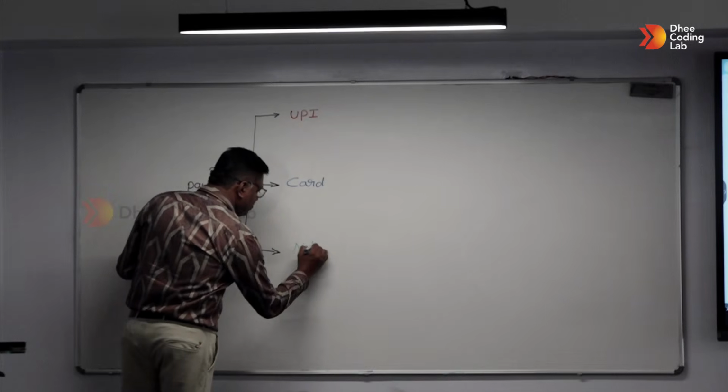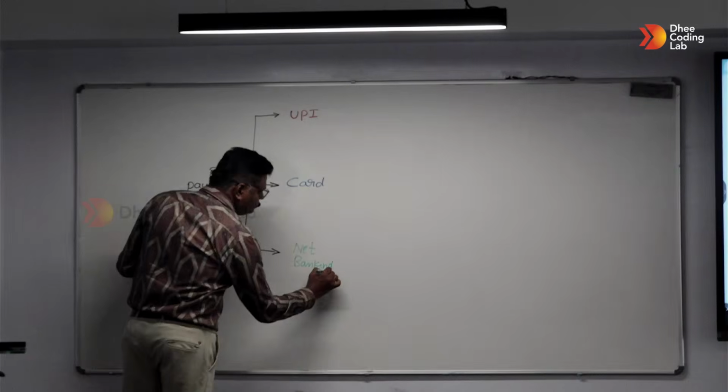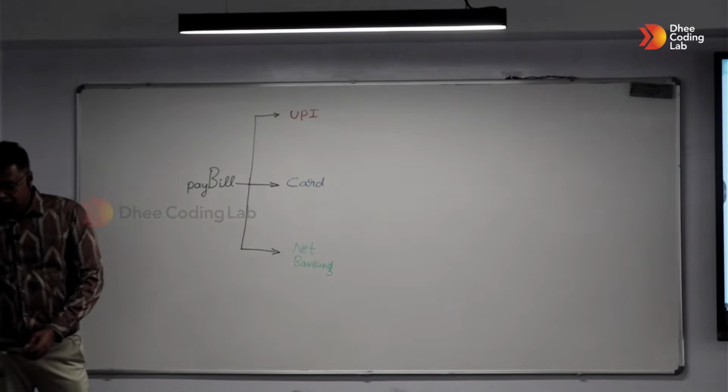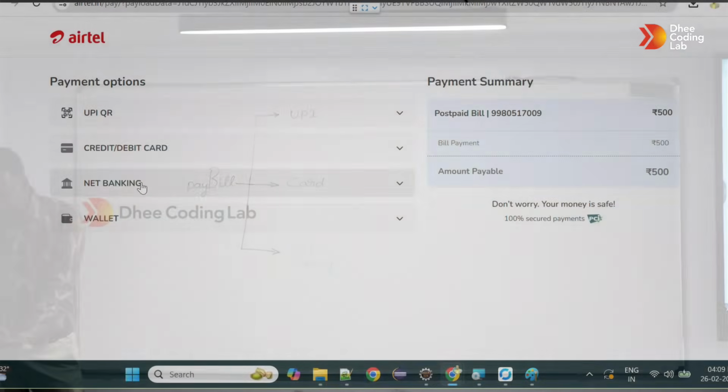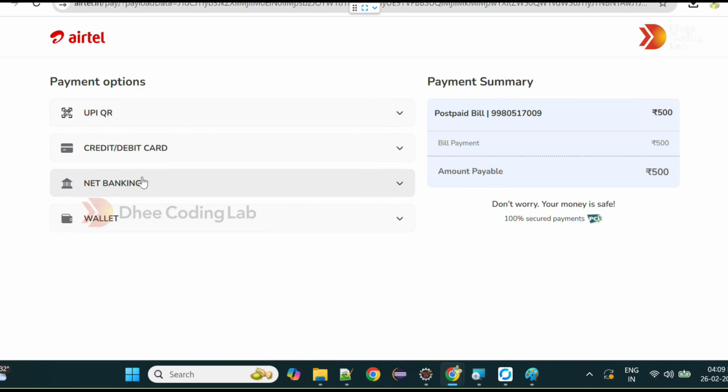Just observe here. You can pay the bill by using your UPI or by using your card, or by using the net banking, and another option is there, wallet, but let's restrict ourselves only to this.